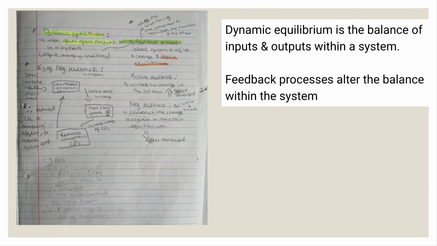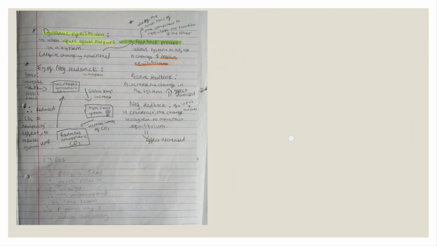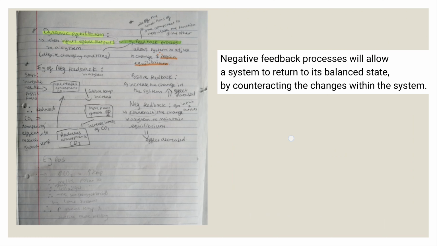When we talk about dynamic equilibrium, we talk about the balance of inputs and outputs within our system, and any changes that try to alter this balance will usually occur via feedback processes, either negative or positive feedback. Think of negative feedback as the neutralizing effect.